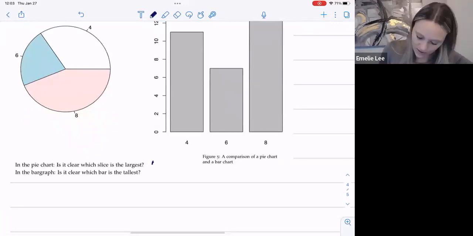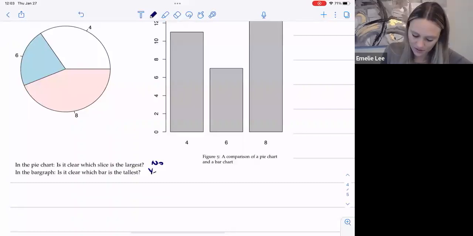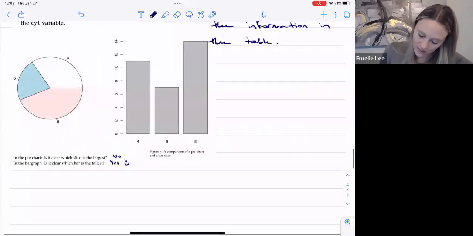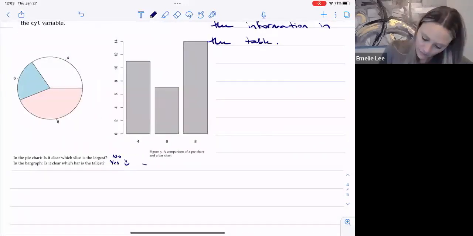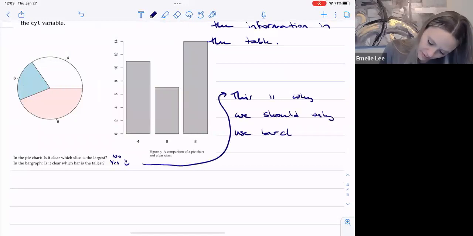And so here I would say no. But then in the bar chart, is it clear which bar is the tallest? Yes, right? And so for that reason, this is why we should only use bar charts for categorical data.